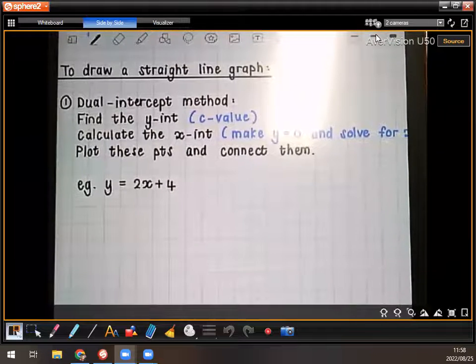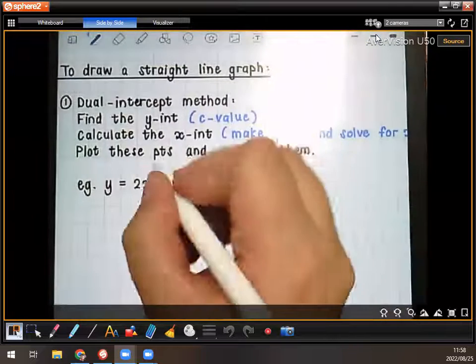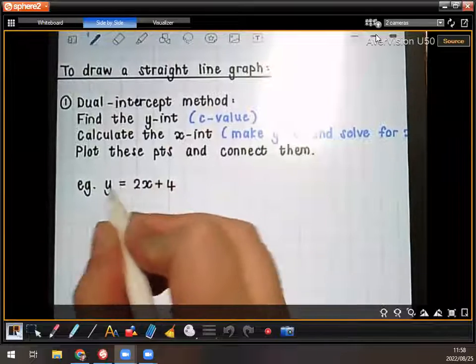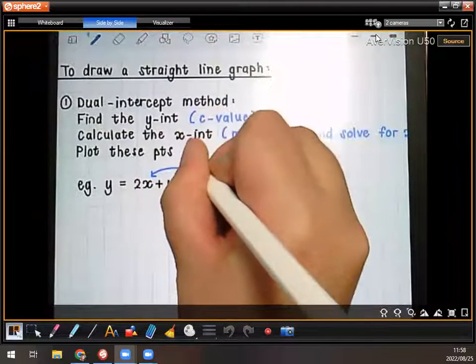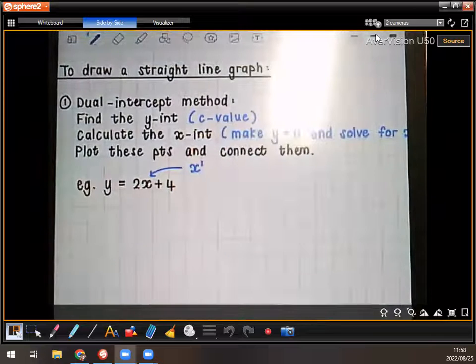But at the end of this whole chapter, if I give you an equation, you will be able to recognize from the equation what type of graph it is. They all have different identifying properties or characteristics. So for this one, it's always in the form y equals mx plus c. So basically, guys, you are going to look for just having an x to the power of 1 in your equation.